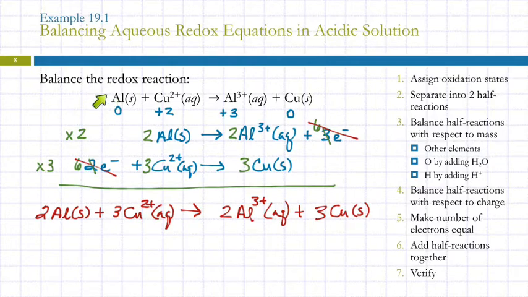The difference between our starting equation and our final equation is our final equation is balanced for charge as well. We look at the total charge on the left side, 3 times 2, positive 6. Here we look at the total charge on the right side, 2 times 3, positive 6. This was not balanced for charge. Any questions?